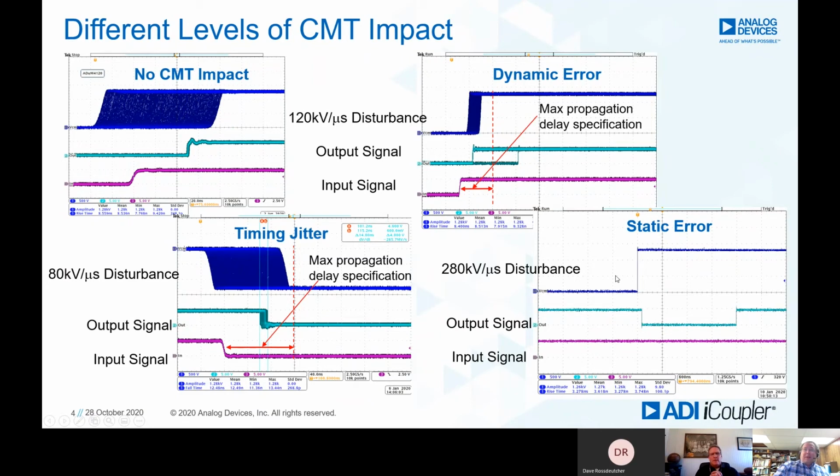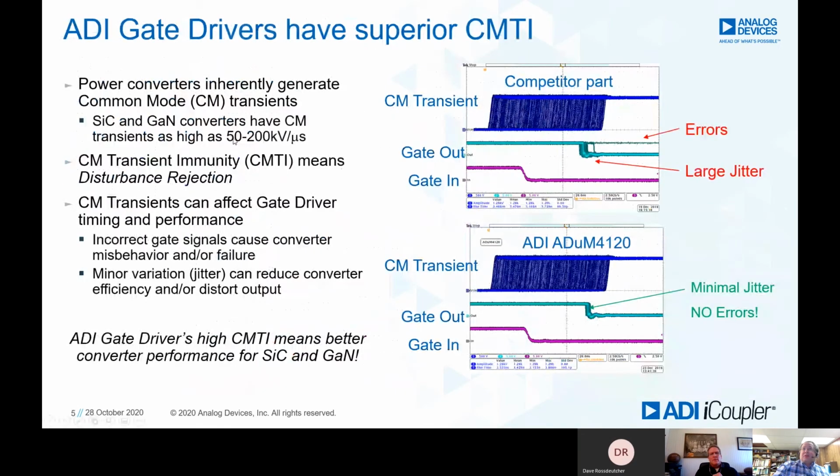Right. Okay. Is there a minimum you should look for as far as CMTI when it comes to fast switching GaN and silicon carbide? For silicon carbide and GaN, you're really going to want at least 50, or 100 to 200 kilovolts per microsecond, because you want something immune to transients higher than what you'll see in your application circuit.